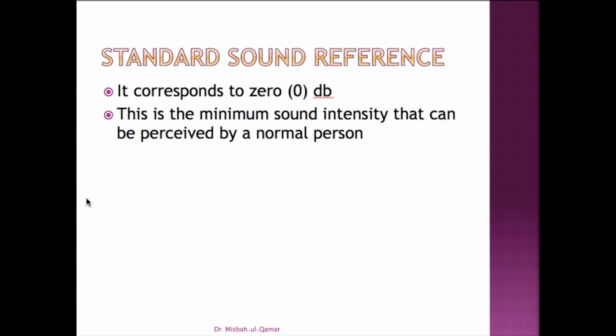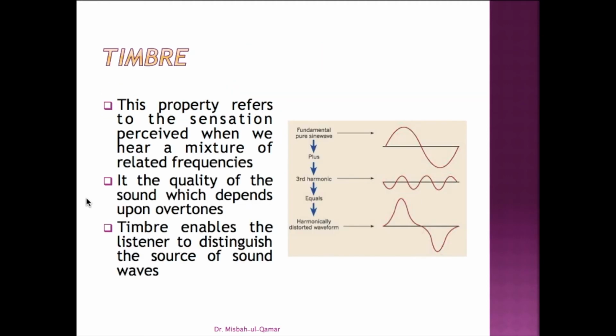All right, so that was about the pitch and the loudness. Another characteristic of sound is timbre. This property refers to the sensation perceived when we hear a mixture of the related frequencies.